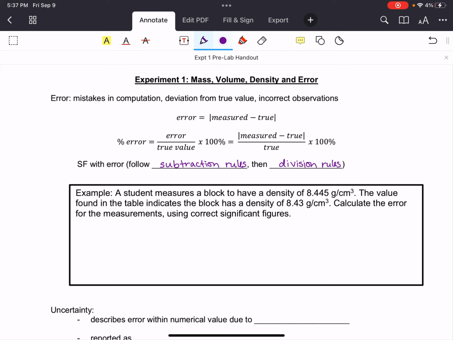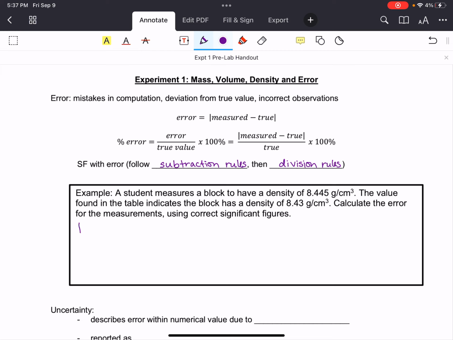Let's look at an example. If a student measures a block and finds that the density is 8.445 grams per centimeter cubed, and the value found in the table indicates that the block has a density of 8.43 grams per centimeter cubed, let's calculate the error for the measurements using correct significant figures.